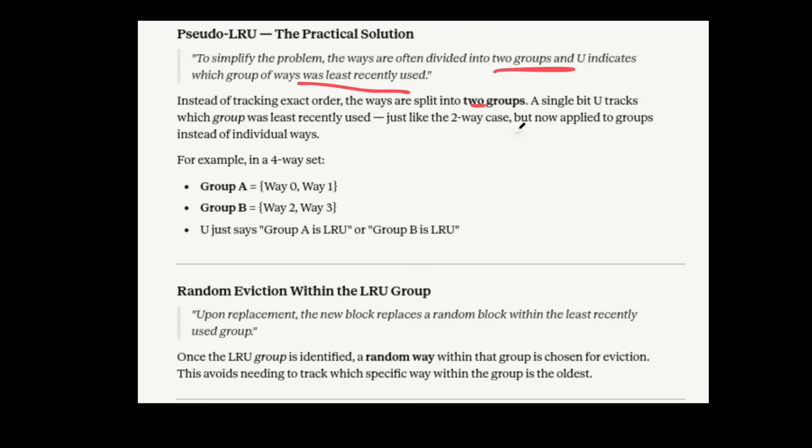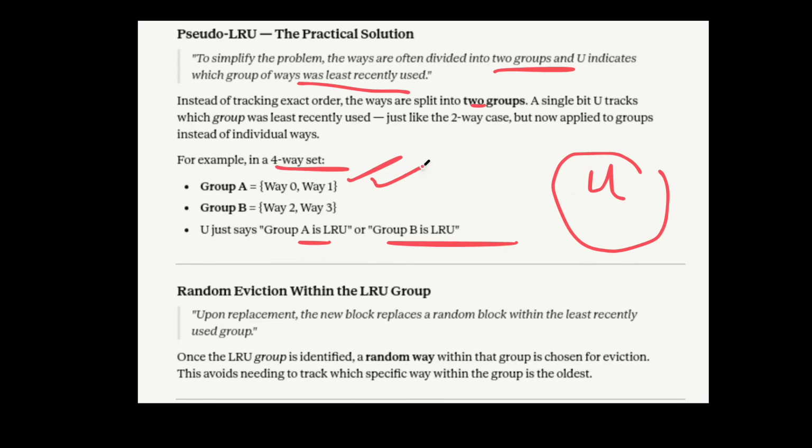If it is a 4-way set, we divide it into two groups, group A and group B, and U tracks whether group A is least recently used or group B is least recently used. This is used in pseudo-LRU, when you have complex LRU.